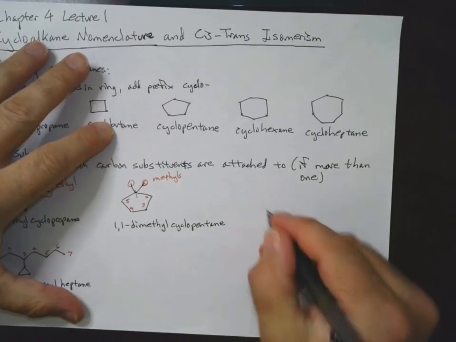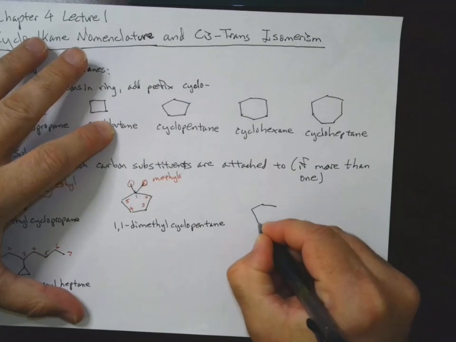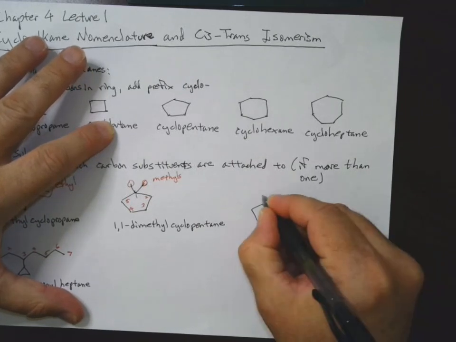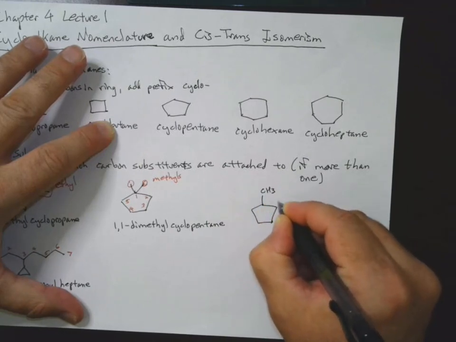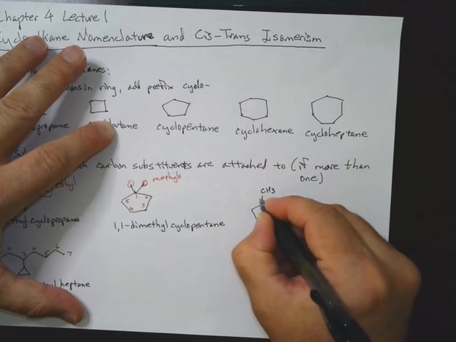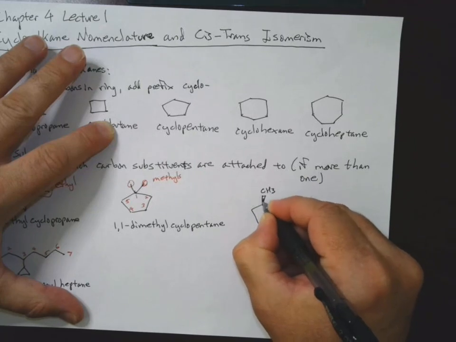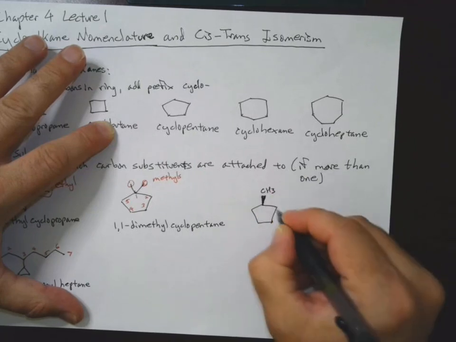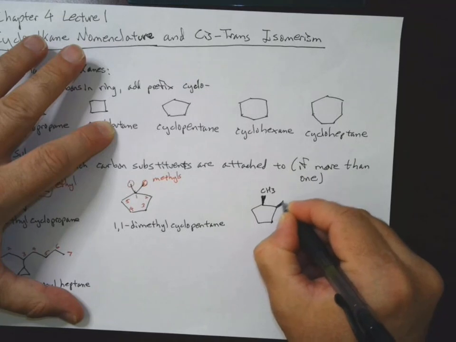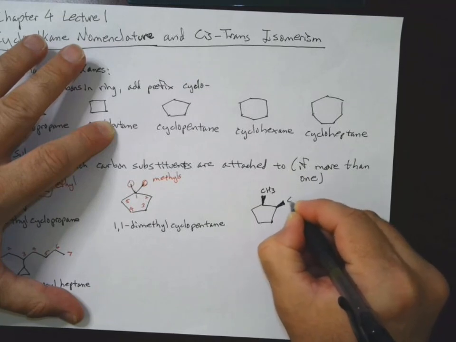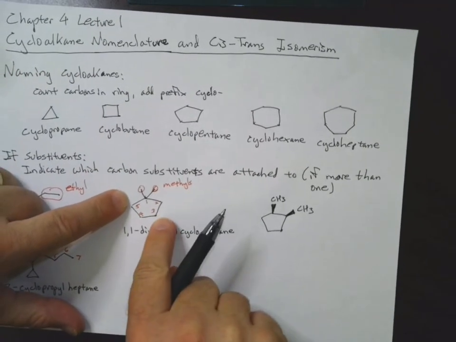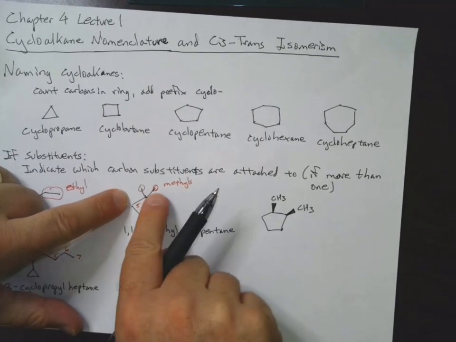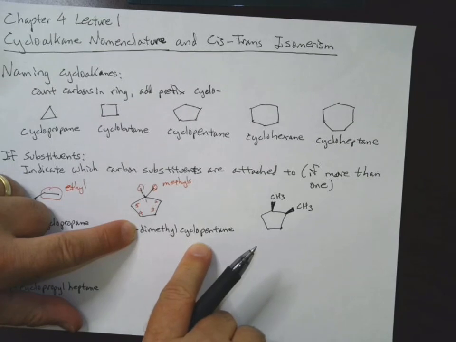Now we could compare that to a couple of different structures, and I'll actually write out my CH3s here, and I'm going to indicate, again, using wedges and dashes, some stereochemistry. You might be tempted in the previous case, with the two methyl groups, to just call it dimethylcyclopentane.